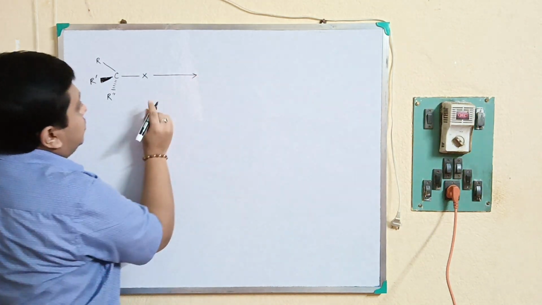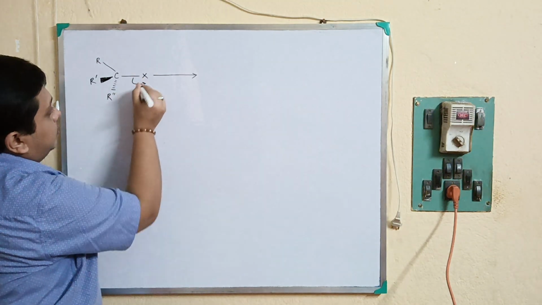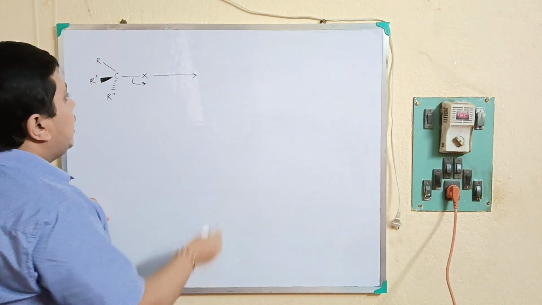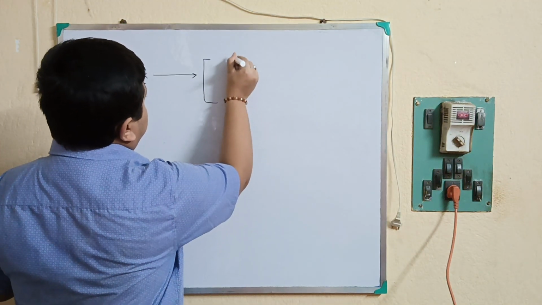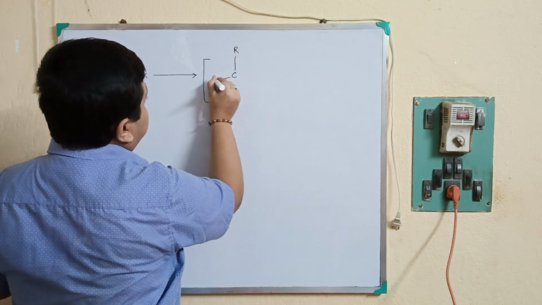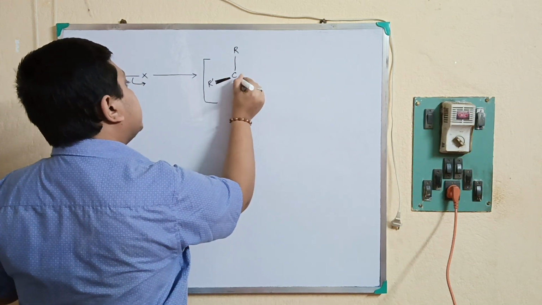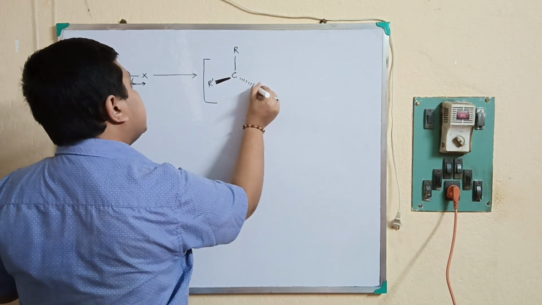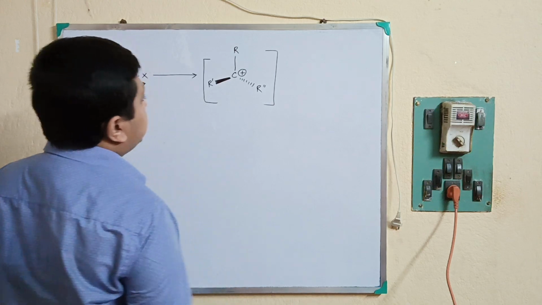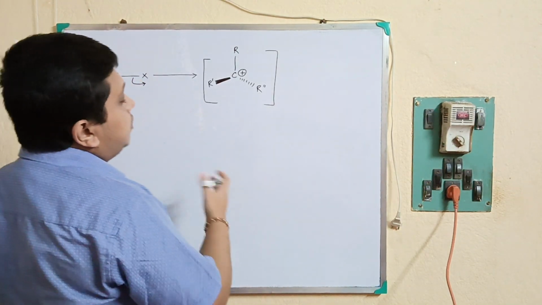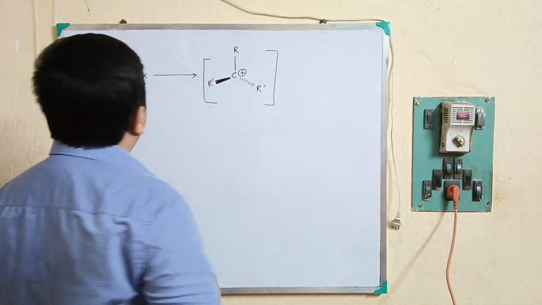At the first step of this reaction, the leaving group or the halogen departs from the molecule and a carbocation is generated like this. Now, the overall reaction rate depends upon the stability of this carbocation.